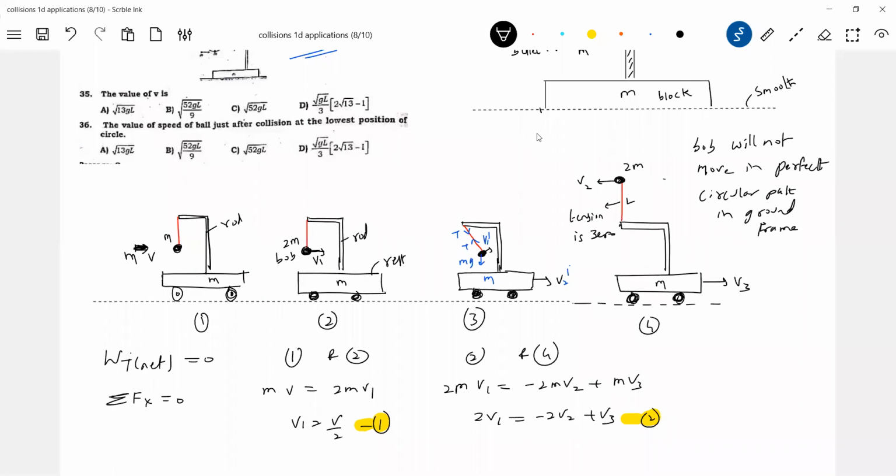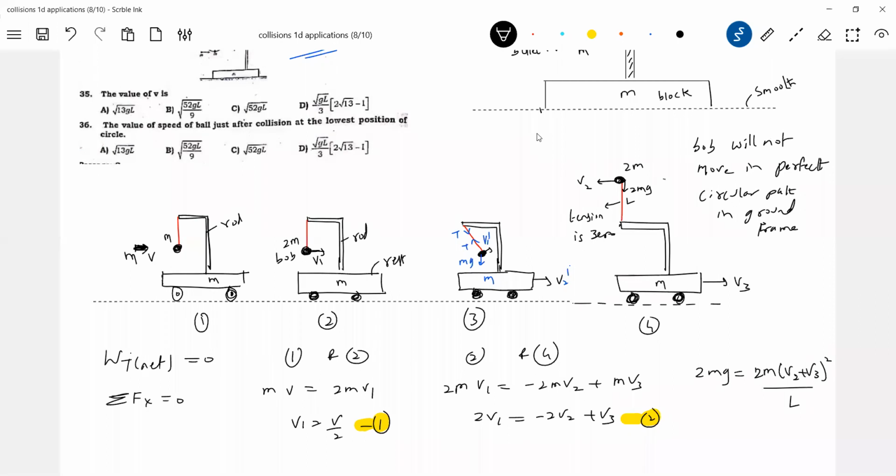Then the weight will provide the required centripetal force. 2mg will provide the required centripetal force. So in the circular motion equation, 2mg would be equal to 2m into (v2 plus v3) whole square by L.